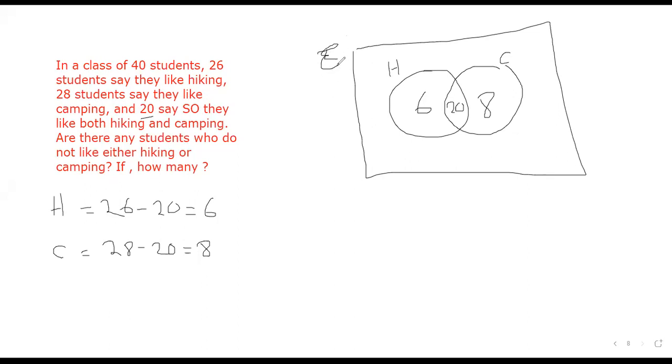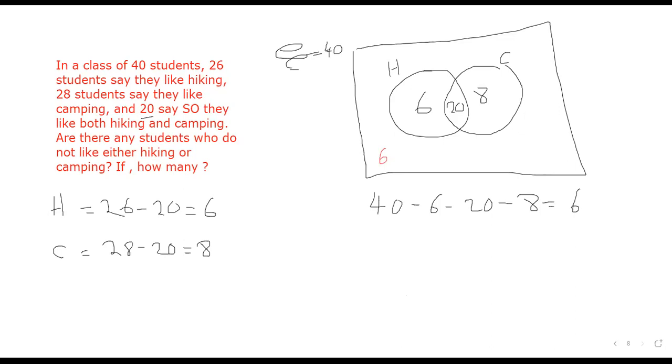So 40 must be the inverse of the set. To find what is outside, we're going to do 40 minus what? 34, the total number of 16 plus 20 plus 8. What does it give us? It gives us 6. We have 6 outside here.